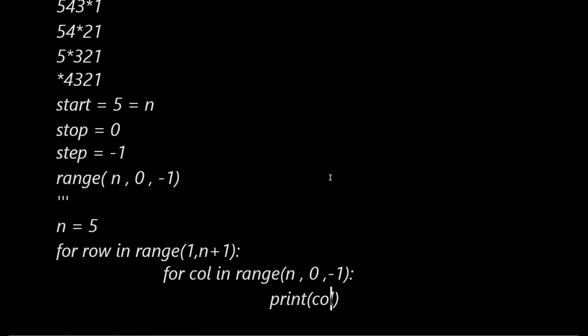So to write that empty space, we need to use an end parameter, which is nothing but an empty space. So that end parameter is used for providing the end of the given print.